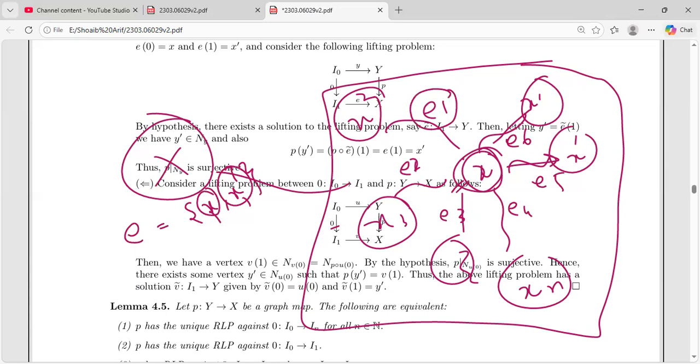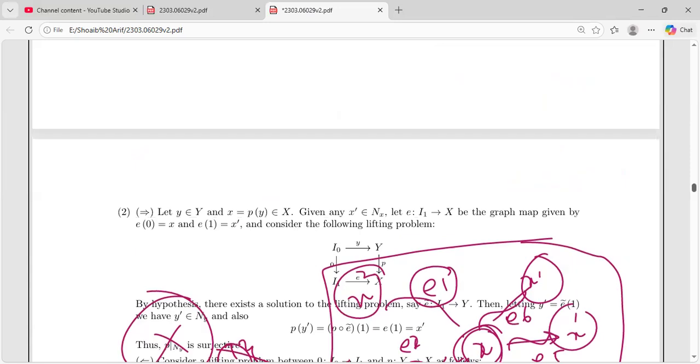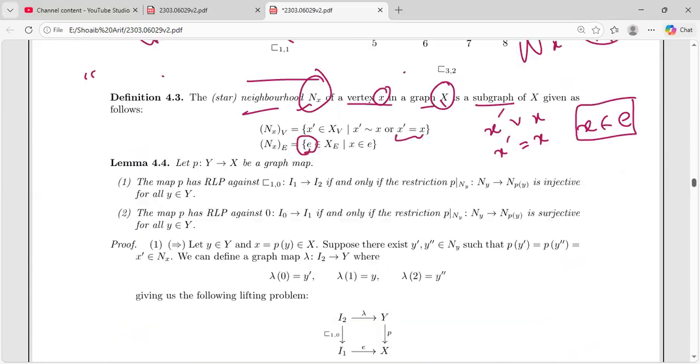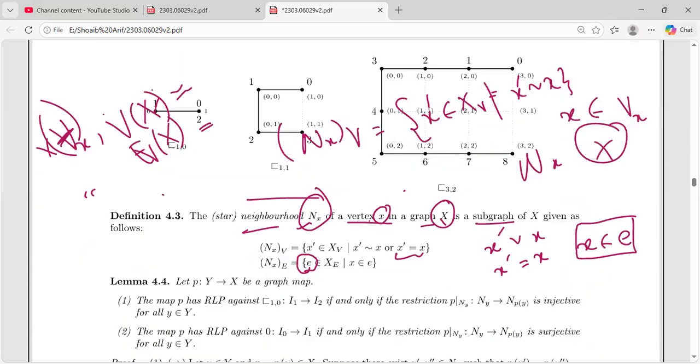So we can say the edge set of the star neighborhood subgraph is equal to the set of all edges e that contain x. So this is the definition of star neighborhood.